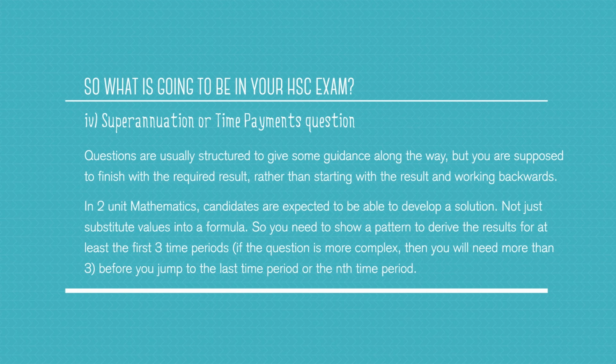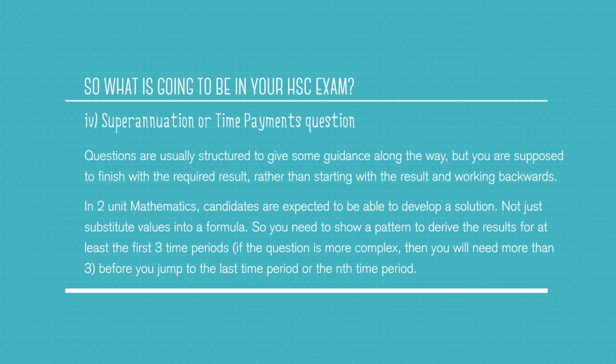Now in 2-unit mathematics, candidates are expected to be able to develop a solution. In General 2, they are given a formula they can substitute into, but you're not. So you cannot just memorise the formula to use in this. You've got to develop a solution. And what I mean is you've got to work it out for the very first time period. And then substitute in for the second period and develop your pattern.